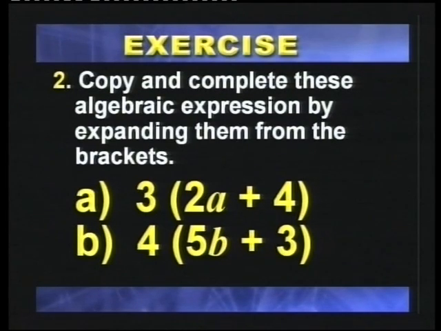Do make sure to show all your working out clearly in your books. I'll give you 2 minutes to quickly complete those 2 exercises. If you don't complete this within the time given, you can complete that as homework.